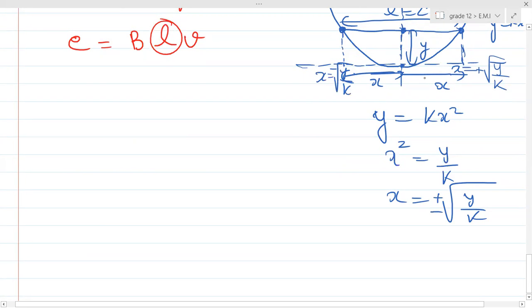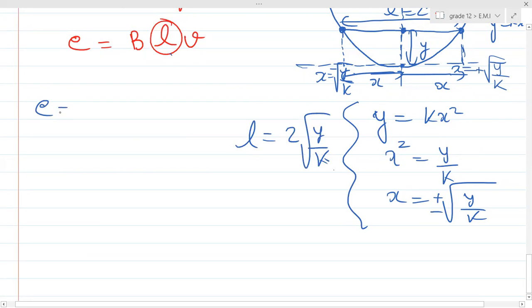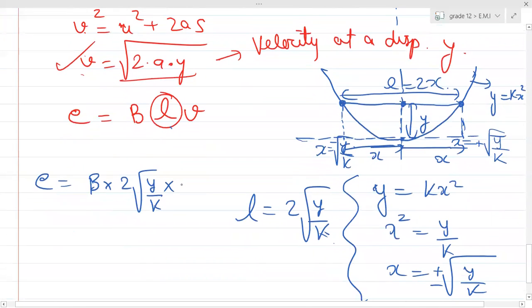So what is this distance, guys? This distance is nothing but under root of y by k. So from here, L will be twice under root of y by k, and you put this over here. So E will be equal to B into twice under root of y by k into velocity. Velocity was equal to under root of 2ay.